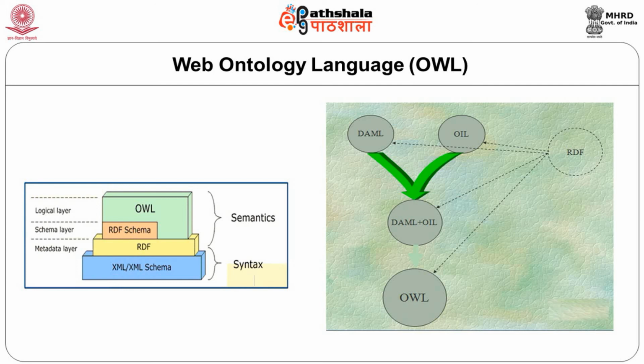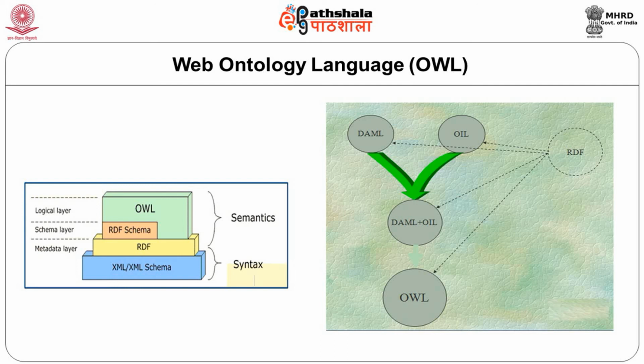OWL was developed as a vocabulary extension of RDF and RDFS, because in RDFS we cannot do many things. For example, disjointness cannot be expressed, and cardinality constraints cannot be expressed, like a person can have 2 hands. I cannot express that using RDFS, so we have to use some other language.